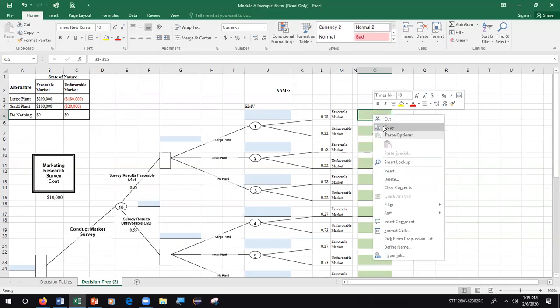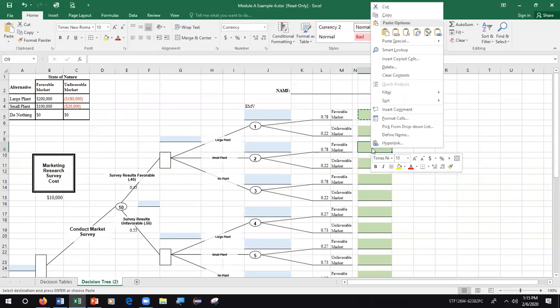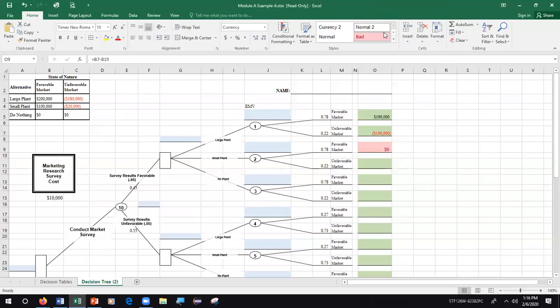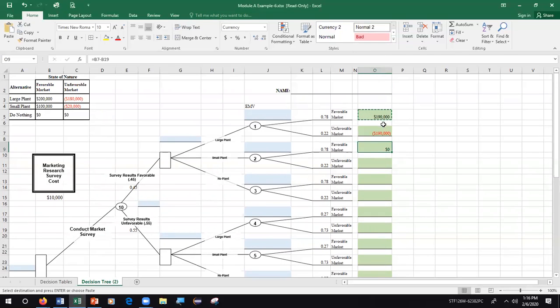And so we could do this. Oh, that didn't work. So this is equal to the favorable, oh, I hit the wrong button. There we go. B4 minus 10,000.